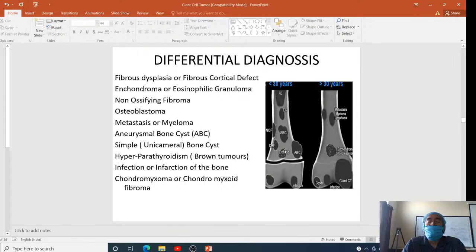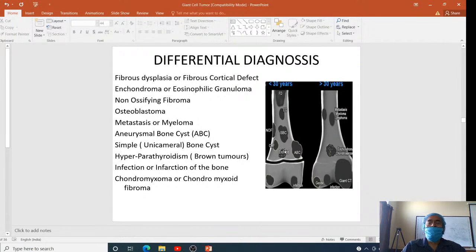So coming to the differential diagnosis, as I told you in the last class itself, all these things will tell you that this is an osteolytic lesion. So you need to enumerate what are all the positive findings for you to say that this is GCT, and what are all the negative findings to say that this is not GCT.